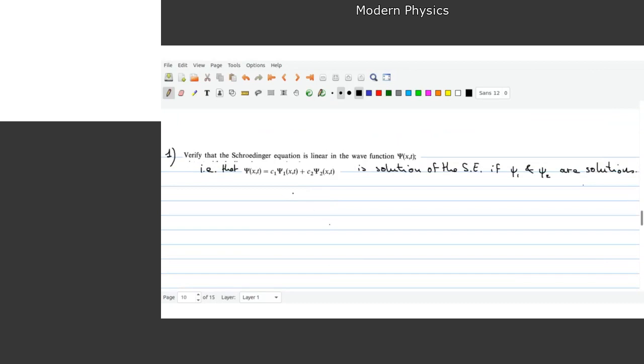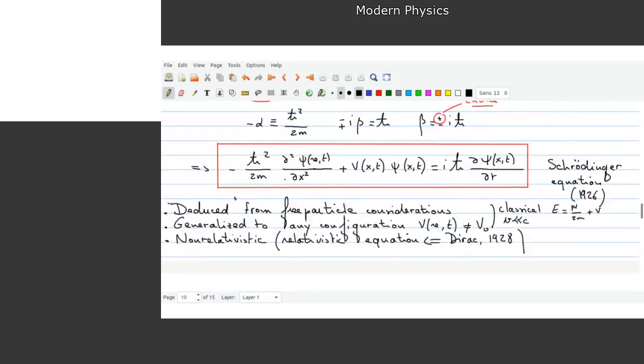First exercise to do, to manipulate this equation and the solutions of this wave equation: to verify that this equation is linear. We can see it mathematically. It is linear because you have a constant term times a second order derivative, but you have no power 2 or 3 of this derivative.